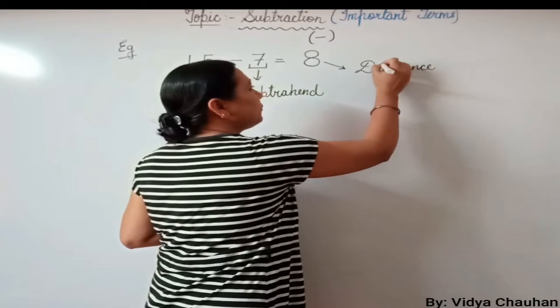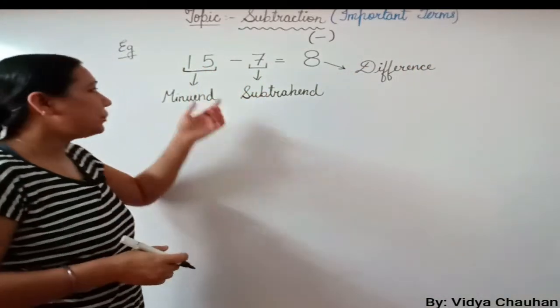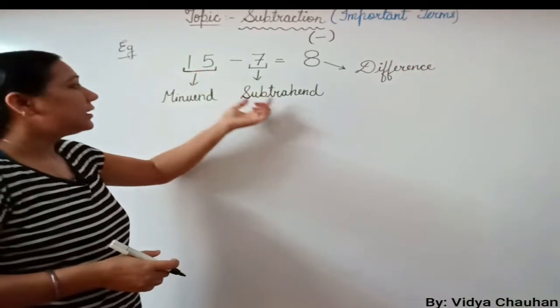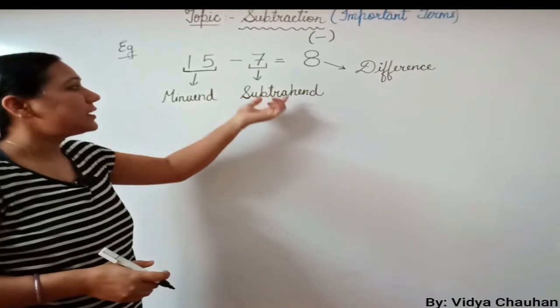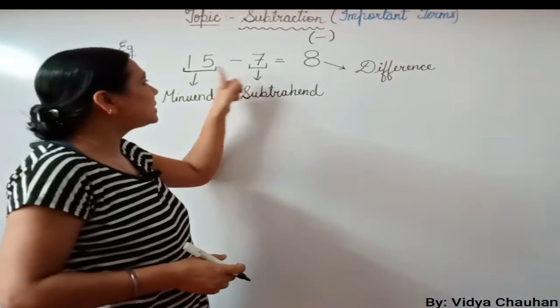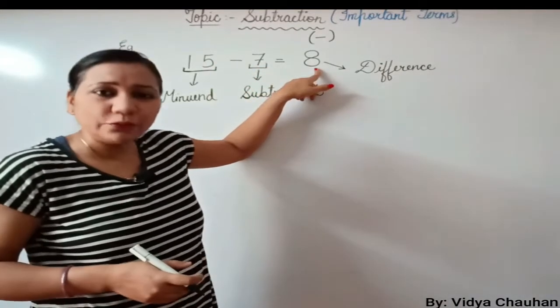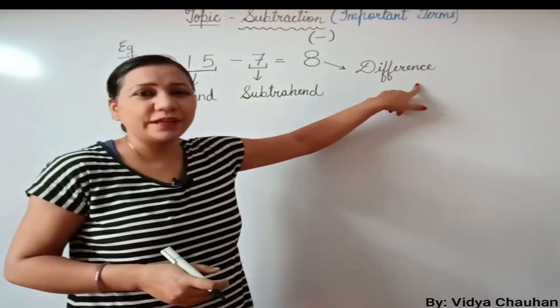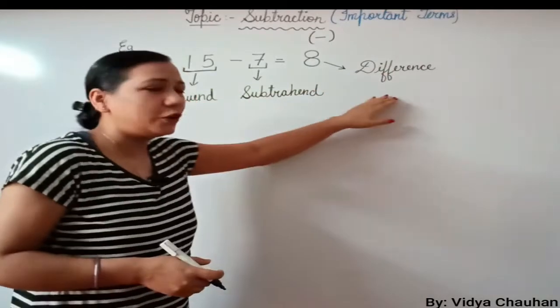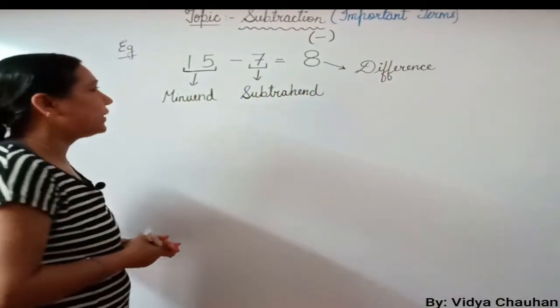So the biggest number is called minuend, the number to be subtracted is called subtrahend, and the result of these two numbers is called difference. So I hope this topic is clear to you. Let us continue forward.